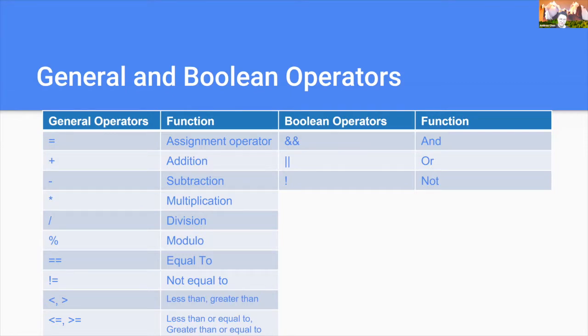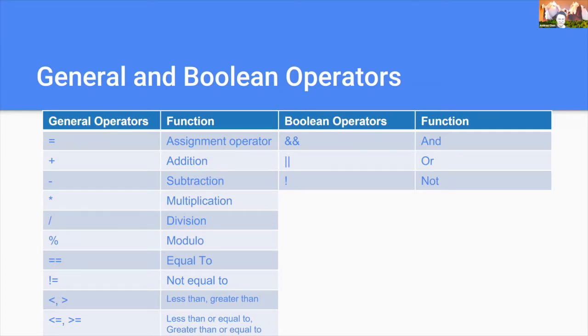You can also use equal to. So for comparisons, if the value of x is equal to such and such, then you're not really assigning a value for x. You'll be using the equal to operator. And same thing with not equal to. If you're trying to figure out if something is not equal to something, you want to see if that's true or false, then you can use that function.